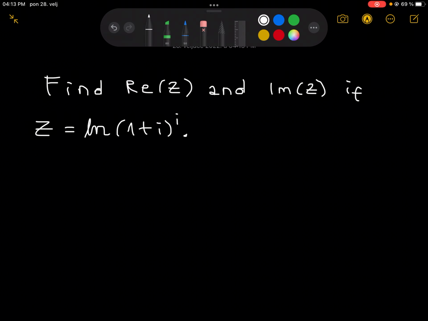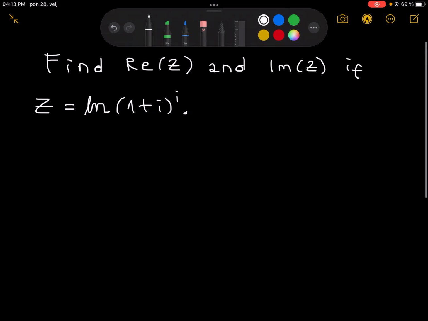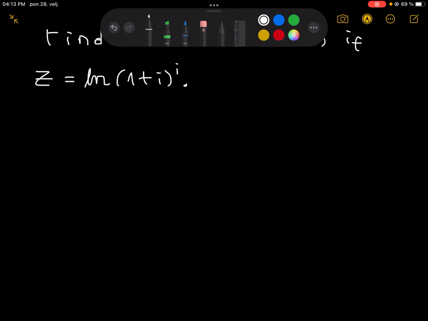Today we're doing yet another complex number. Namely, we're supposed to find the real part of z and the imaginary part of z if z is equal to the natural log of (1 plus i) to the power of i. To actually do this problem, the first thing that we should do is look at the number in the base.